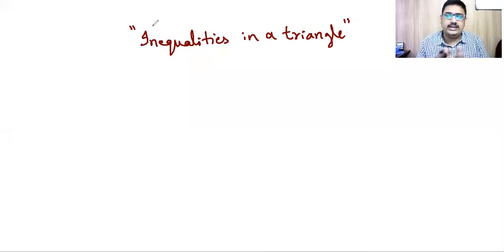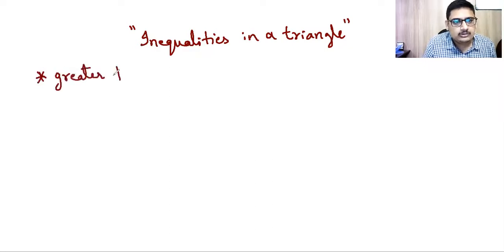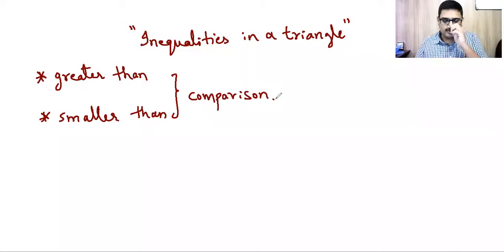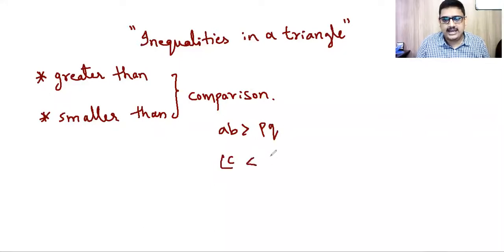Now when we speak about inequalities in a triangle, we are talking about the concept of greater than or smaller than. So we make a comparison. Here we talk about the quantities in comparison terms. That means side AB is greater than side PQ. Angle C is less than angle B.